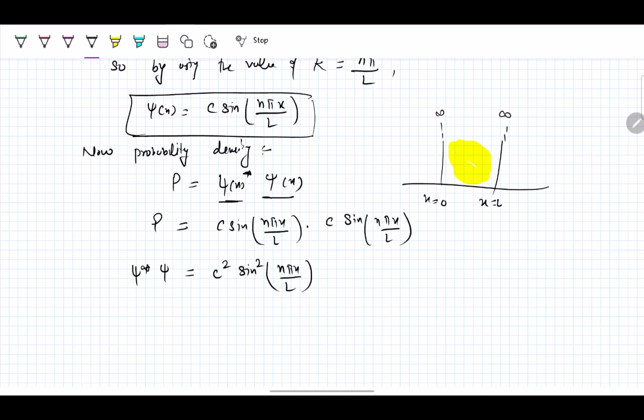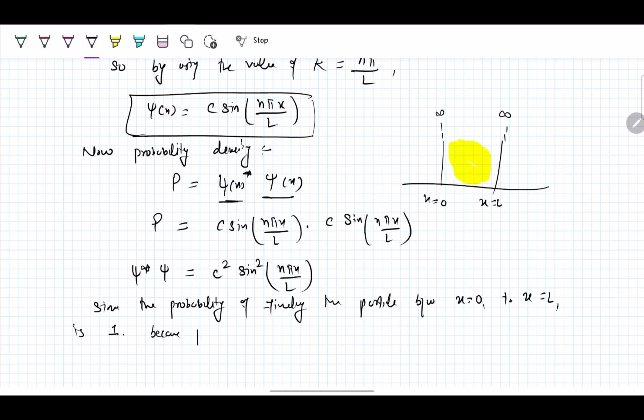We can write it as: since the probability of finding the particle between x equal to 0 and x equal to L is 1, because the particle is somewhere within the boundary, right?